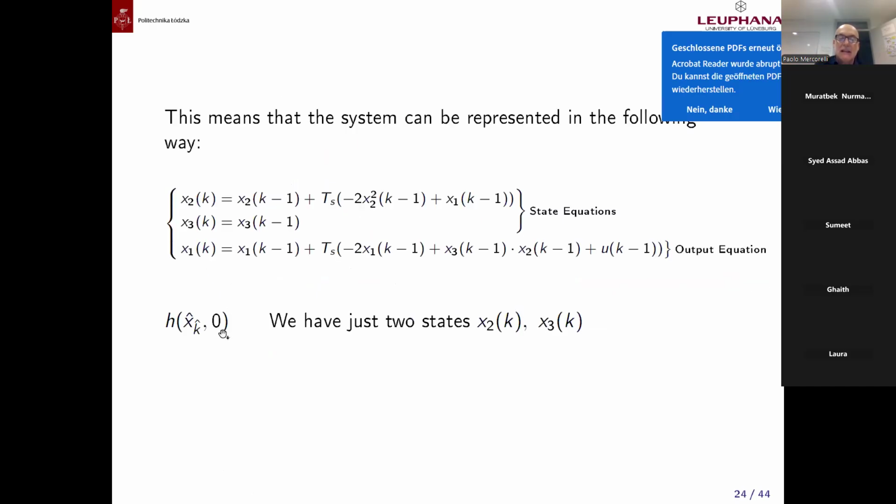In any case, a k hat does not exist in our case. Let me see, because I see an error. The students made an error here. This is not hat, it is x hat minus.